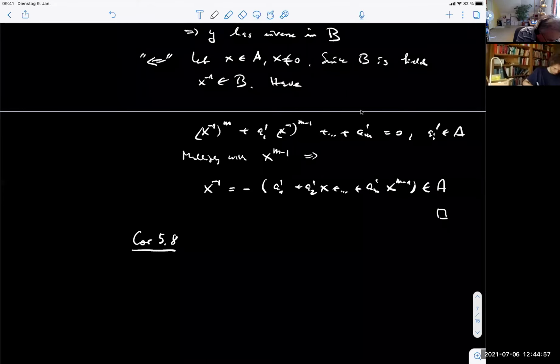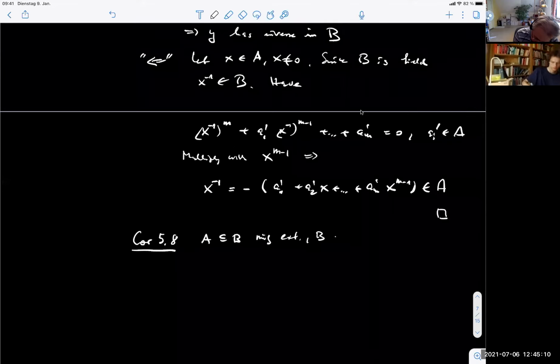I have a ring extension, B is integral over A. And then I take a prime ideal. So we had this notation spec. I write Q is in spec B. It just means Q is a prime ideal of B.